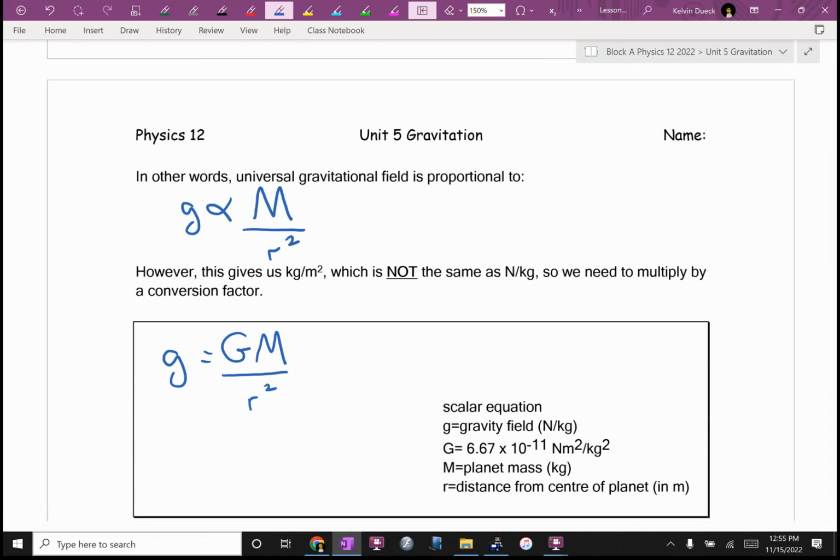6.67 times 10 to the negative 11 is 0.0000000000667.